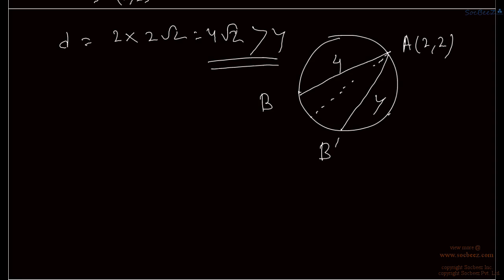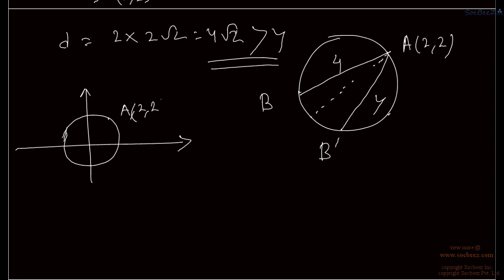Now let us try to find these 2 points. Let us have a coordinate axis. This is our circle, and this is point A (2, 2). We have already found this is angle alpha, which is equal to 45 degrees, as cos alpha is equal to 1 by root 2.